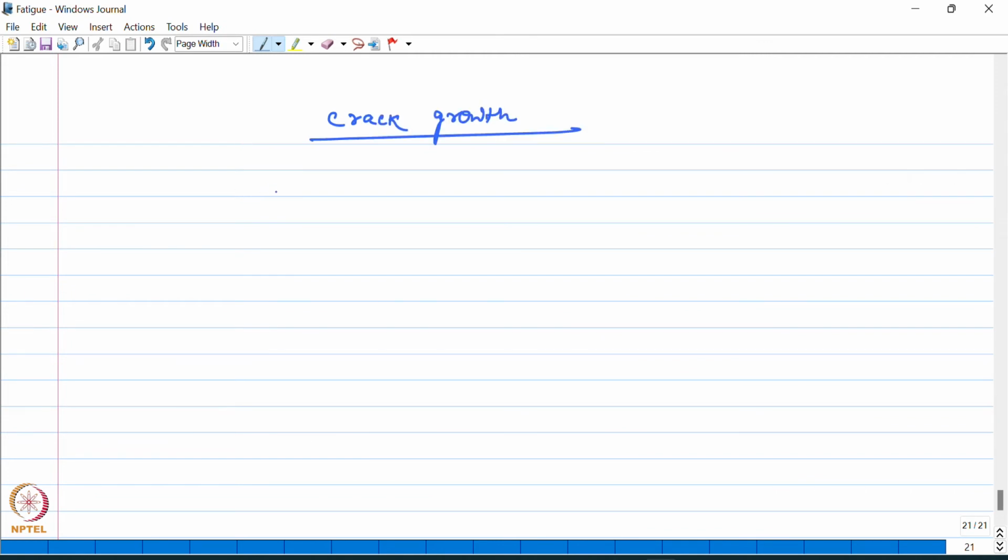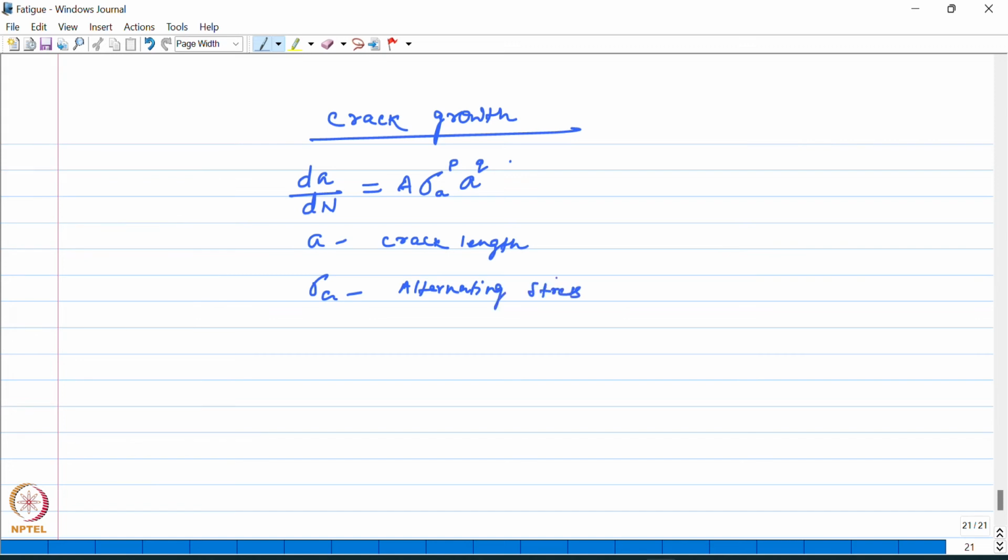The crack growth in fatigue can be defined by the crack growth rate dA by dN through an expression like this, where A is the crack length, sigma A is the alternating stress, A is a constant, the value of P ranges from 2 to 4 and Q can be in the range of 1 to 2.